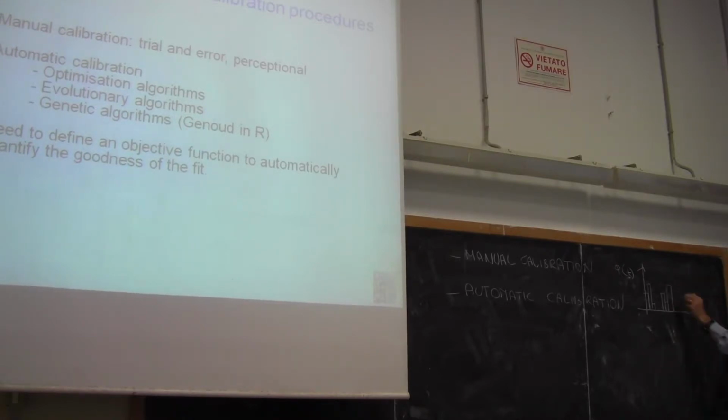Take this observed hyetograph, and then take an observed hydrograph. So take an observed Q(t), which would be something like this, for instance.